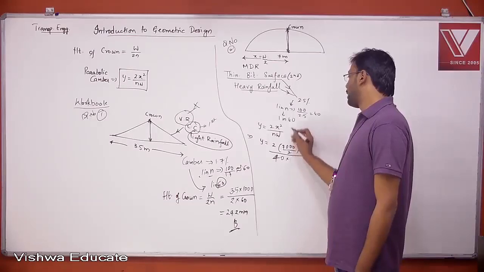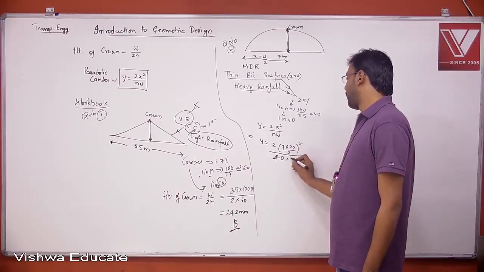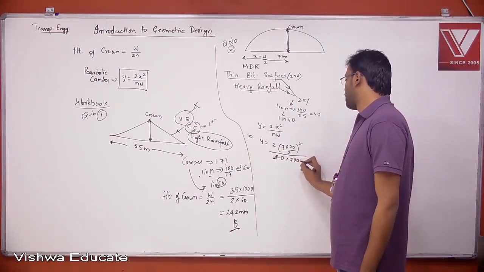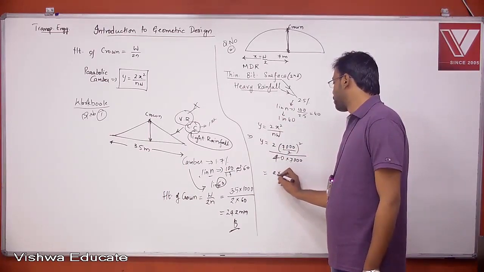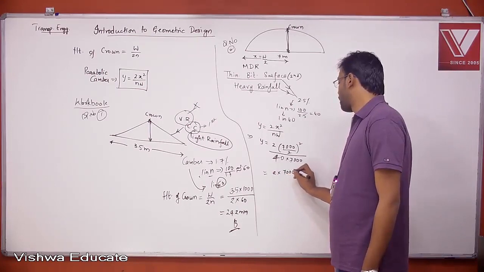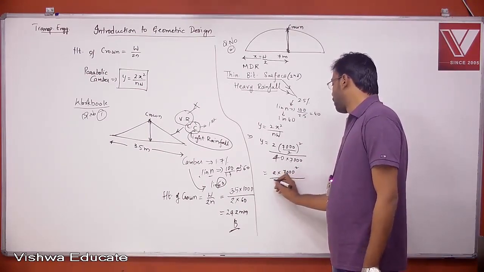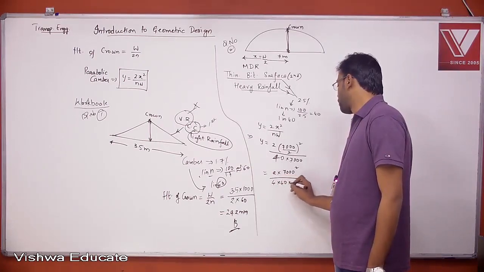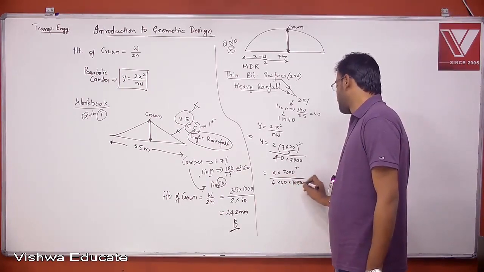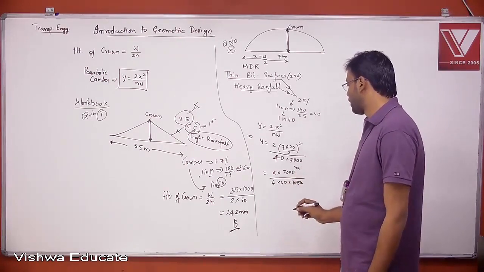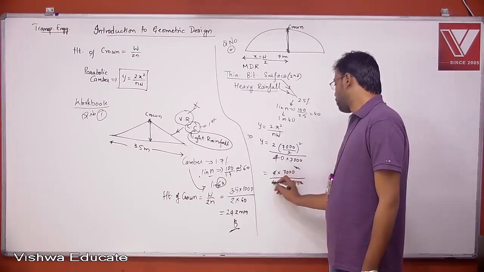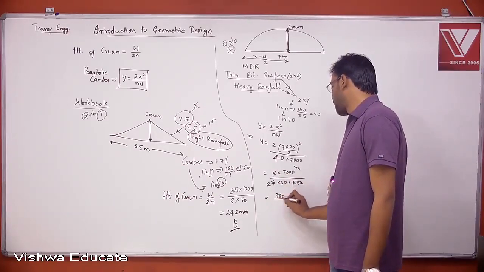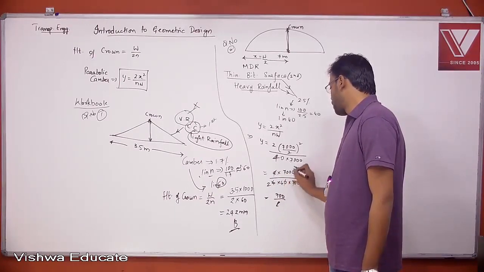So w is 7,000. So 2 into 7,000 square divided by 4 into 40 into 7,000. So this 7,000 and 7,000 get cancelled. So it is 700 by 8. 1, 0 and 0 get cancelled, right?